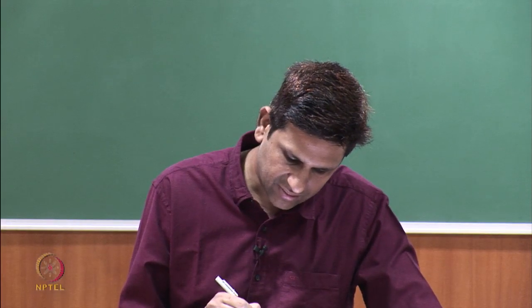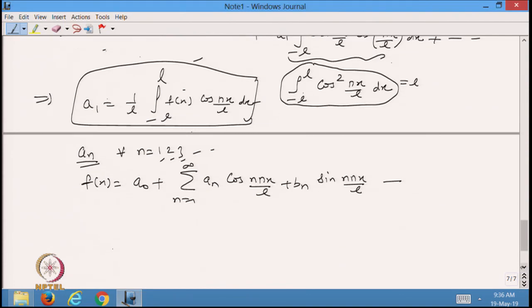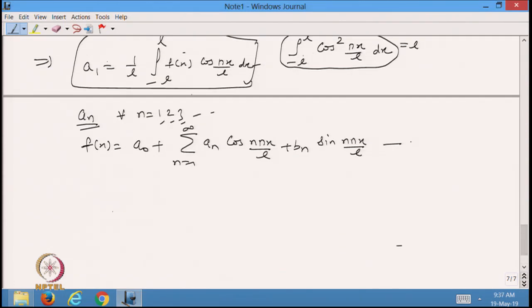So I have my f(x) equal to a0 plus the summation of the cosine and sin(nπx/L) terms. This was my first equation.